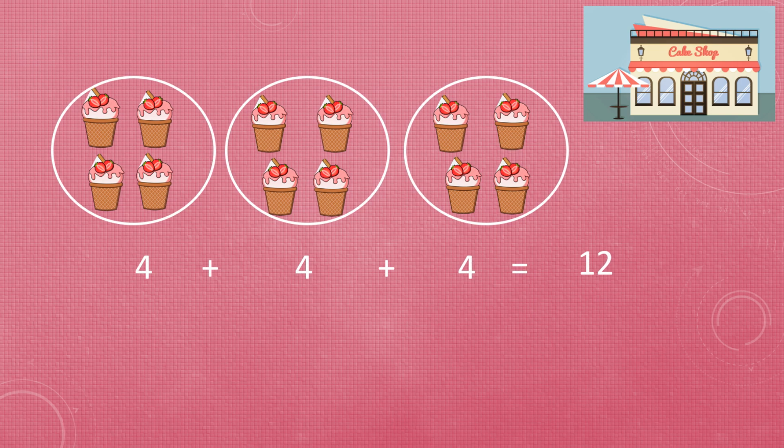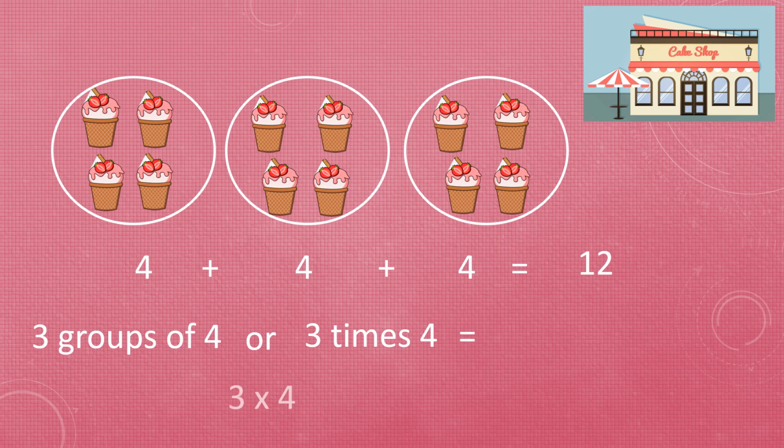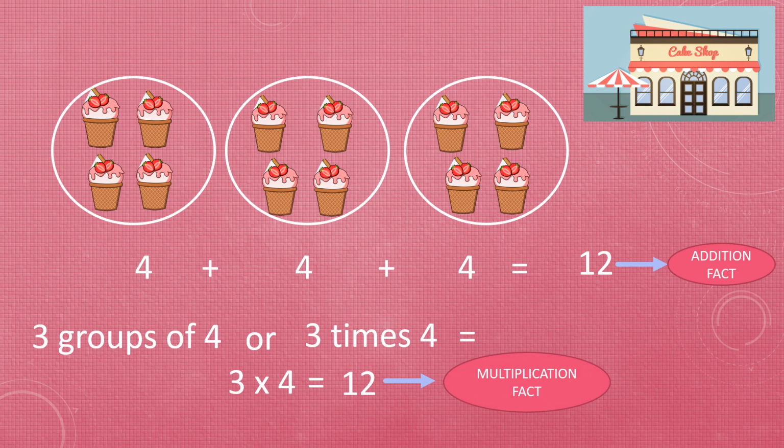Now if we do this by multiplication, we know that there are 3 groups of 4, or 3 times 4, that will be equal to 3 into 4. In this case also, the answer will be 12. So here is our addition fact, and here is our multiplication fact.